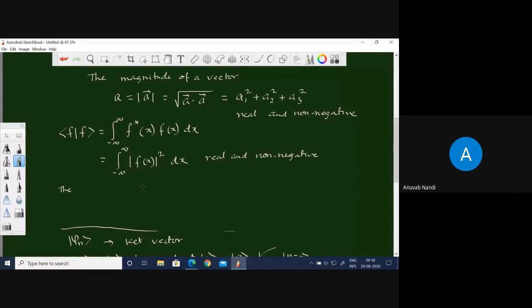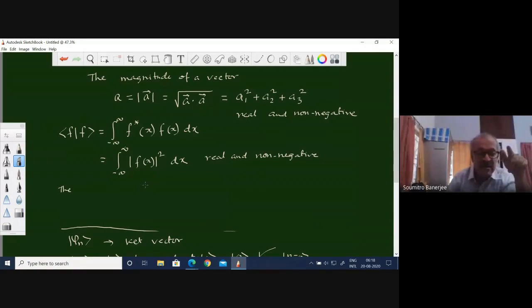So that has to be a root. Yes, agreed. So the norm of f will be the root of that. That's what you said. Yes, it's right. f and f, its bracket is this, and the norm of f is this. Okay, you are right.